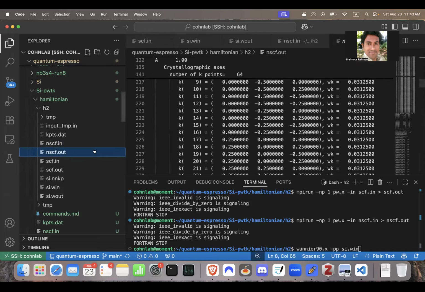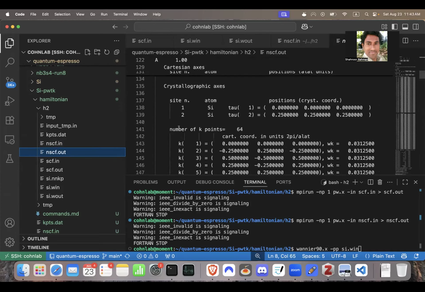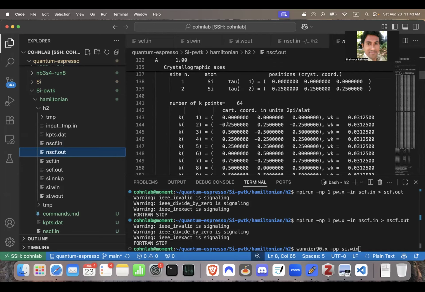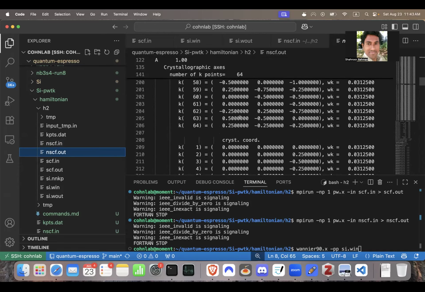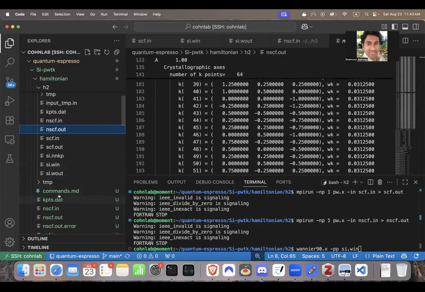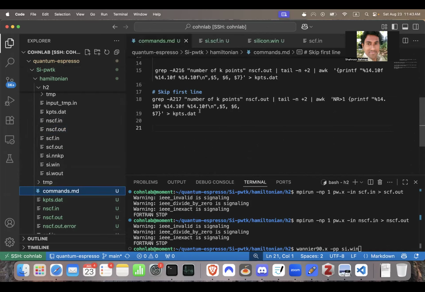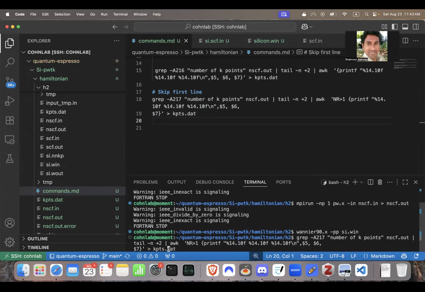So if I go to the nscf.out file, I see there's a line. It says number of k points 64, right? So I have 64 k points, 0, 0, 0, then 0.25, minus 0.25, 0.25, so up to 64 in different coordinates. And there's a command I think I can run.